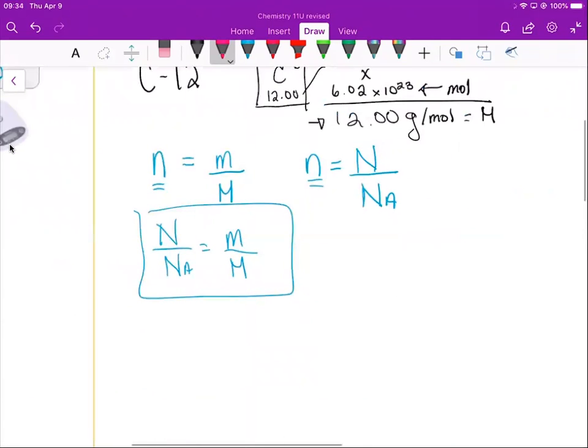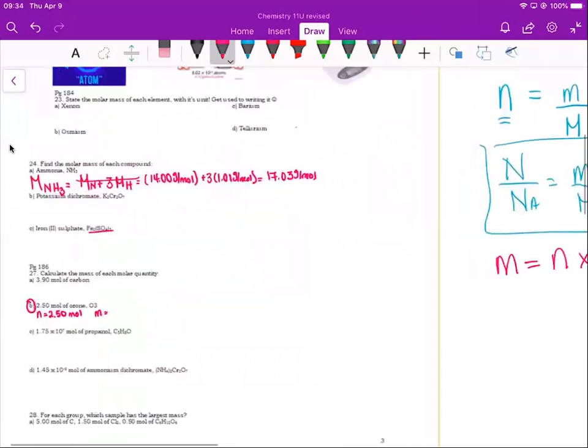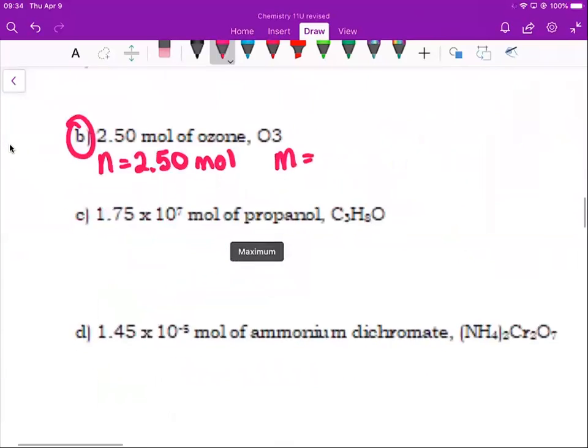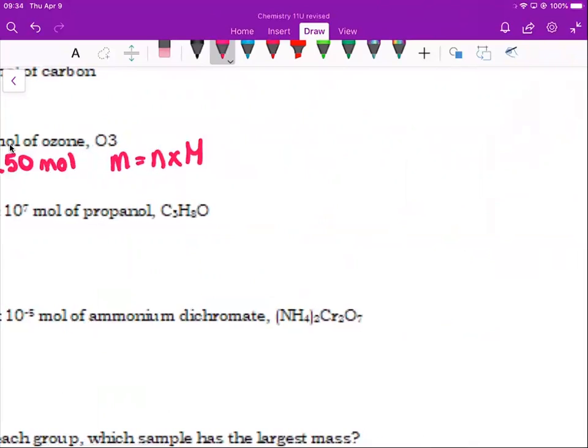I want to find M, so I'm going to rearrange my equation: mass equals number of moles times molar mass. So if I have 2.5 moles, it's going to be number of moles times molar mass. Before we can do anything, we have to calculate the molar mass of ozone.